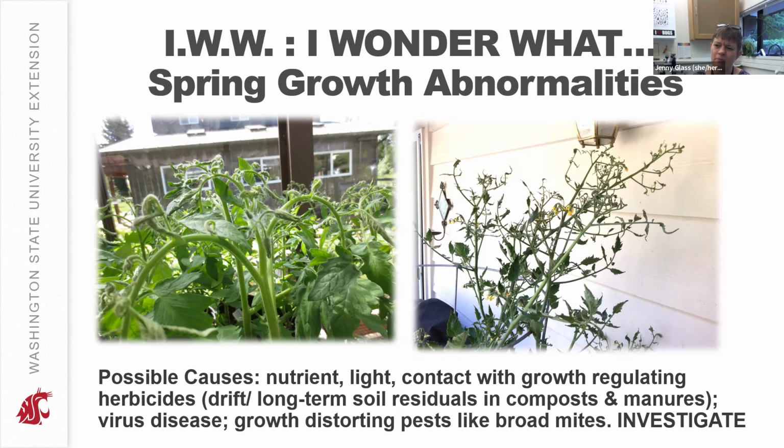For the person out here on the porch, or if it happens out in the farm or field or garden, well, that's going to be a little bit more difficult, because tomatoes, in my opinion, are the canary in the mine for the various growth regulating herbicides that are in use in landscapes, gardens, and fields. So they just get distorted for all sorts of reasons.